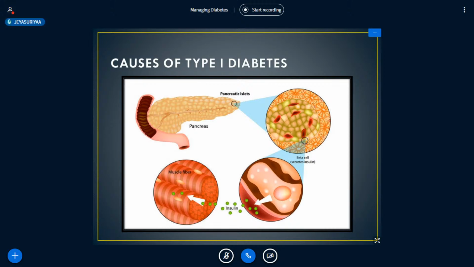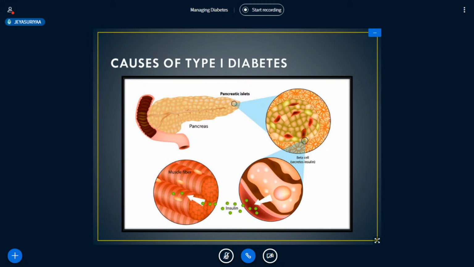Now, coming to the causes of type 1 diabetes, the exact cause is unknown. It could be the body's immune system, which normally fights harmful bacteria or viruses, that attacks and destroys our insulin-producing cells, the beta cells in the pancreas. This leaves us with little or no insulin.